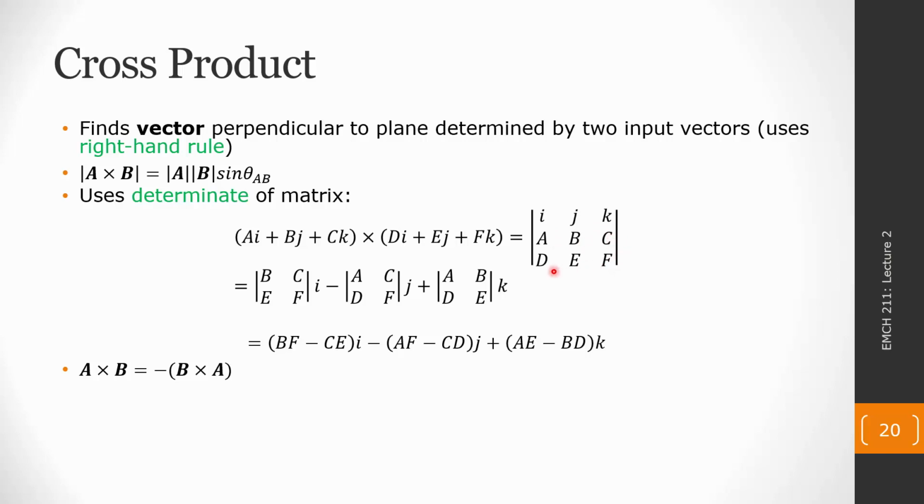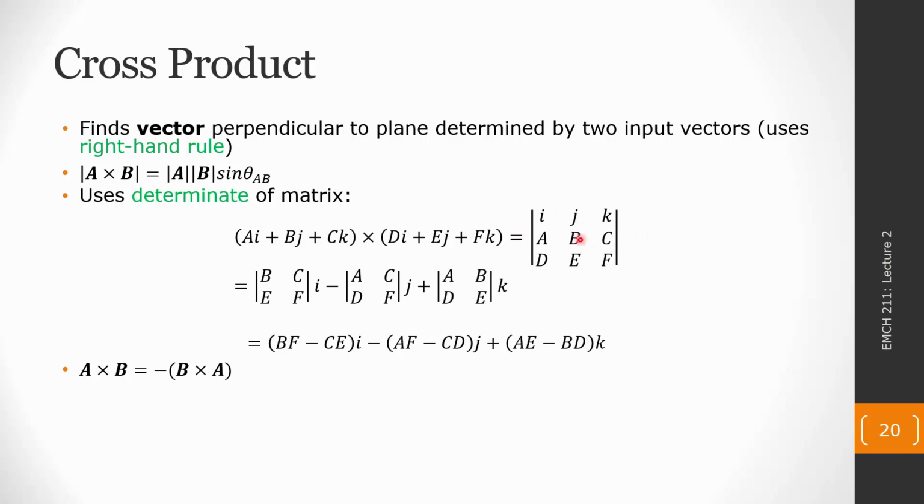And then we have the third row of the matrix, and now we take the components of the second vector in this cross product. So D, E, and F, again, are scalar values only. So this is always the way we're going to form this determinant in this first step: I, J, K, components of the first vector, components of the second vector, always in that order.